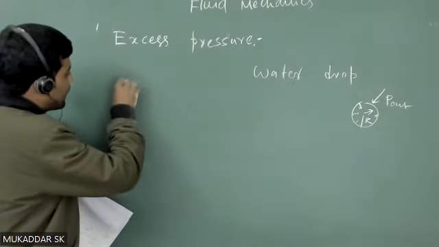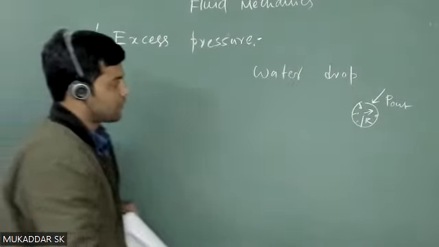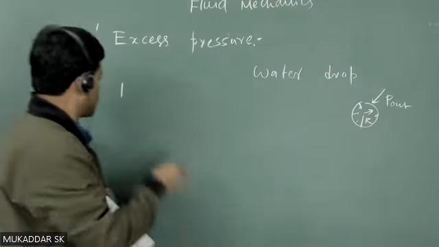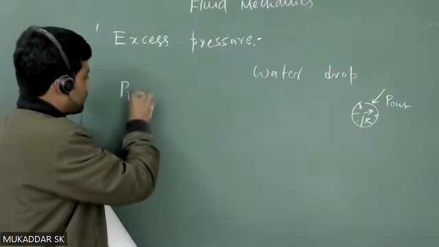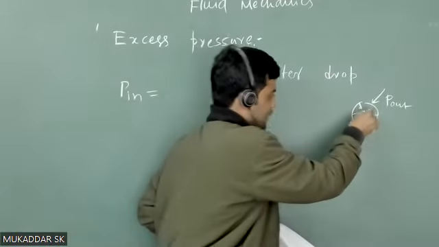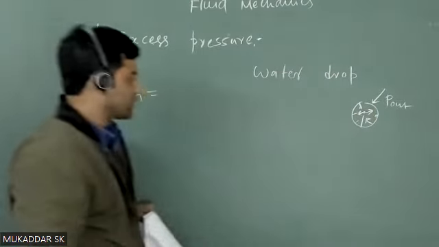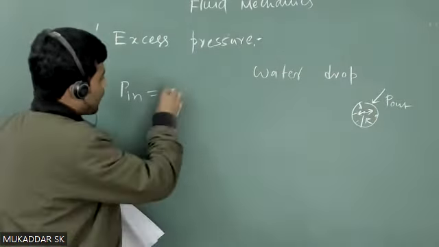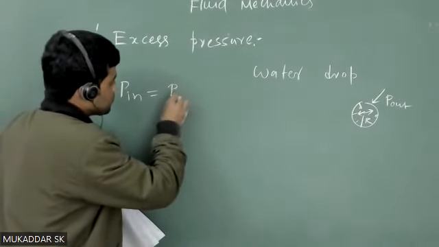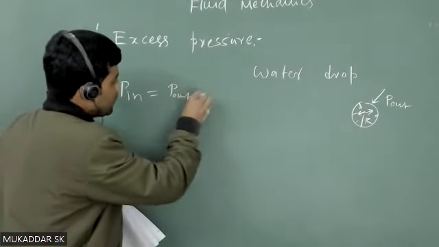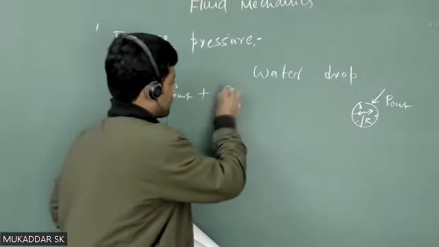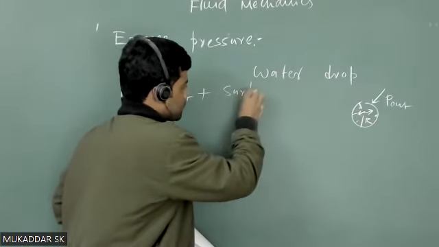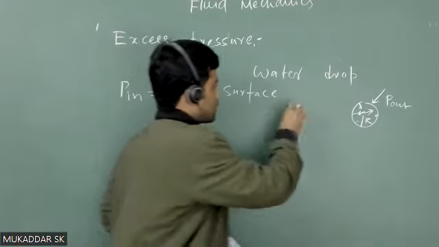So, because of the stability of this liquid drop, you have an inside pressure P in, acting away from the center, that is balancing with the outside pressure, and you have the surface tension.